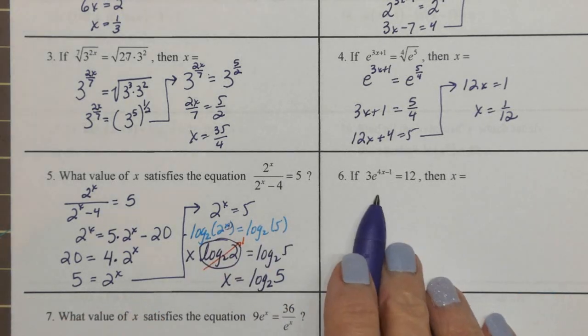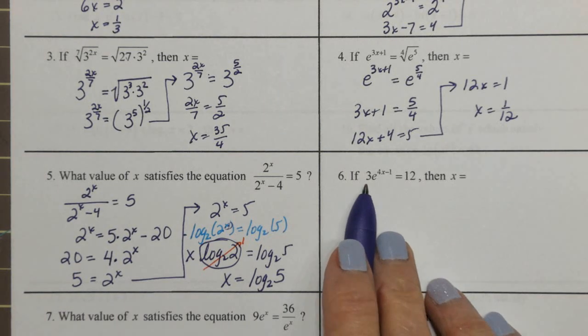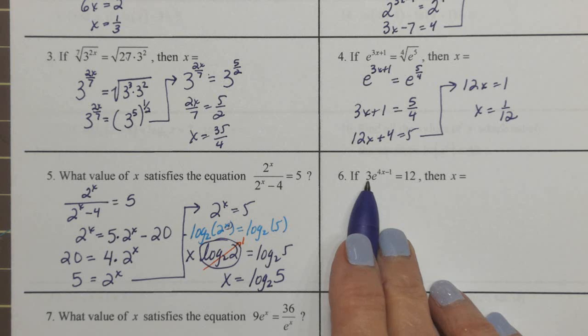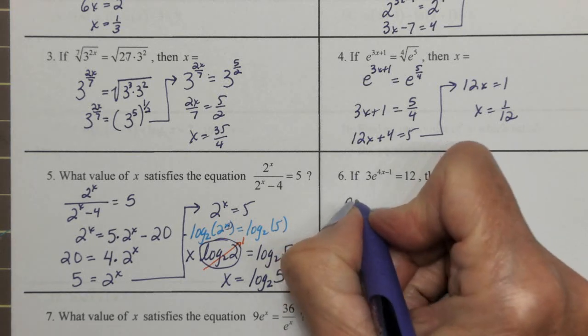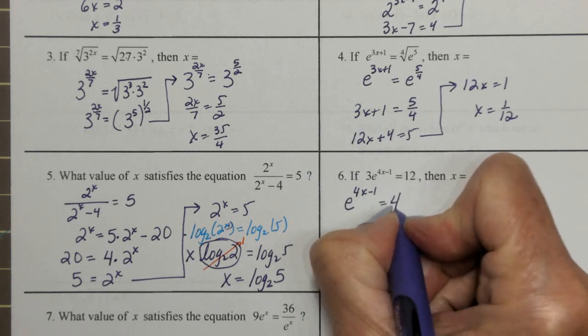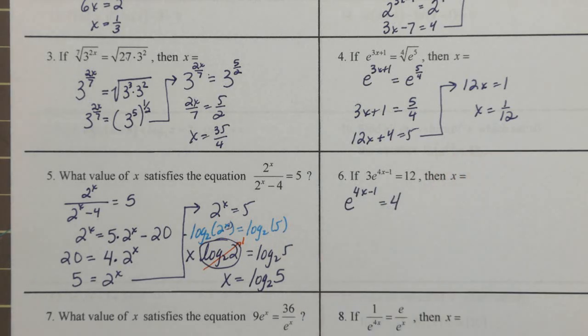Let's try another one. We have 3e to the 4x minus 1 is equal to 12. I'm going to begin by dividing both sides by that 3. I'll have e to the 4x minus 1 is equal to 4. There's no way to get both sides with a base of e, so I'm going to natural log both sides.